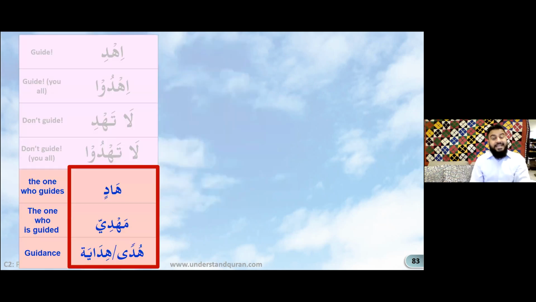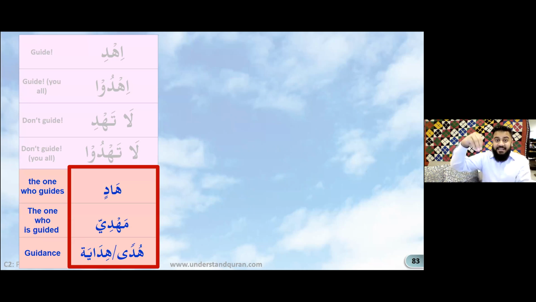So those are the words, and now we've done the verbs, all of them, and now let's get the nouns from here. Remember we said there's three, the fa'il, maf'ul, and fi'l. The one who does the action is fa'il. So in this case, the one who guides is called hadin.